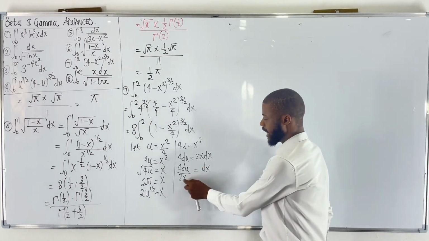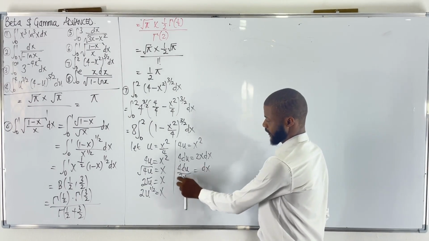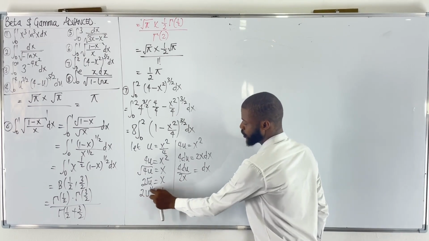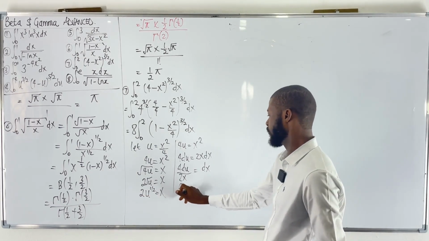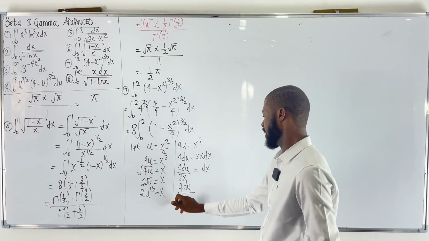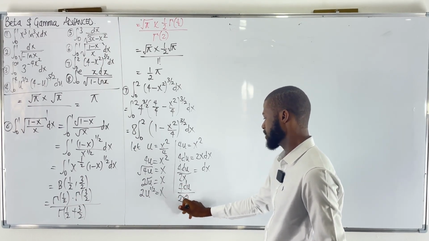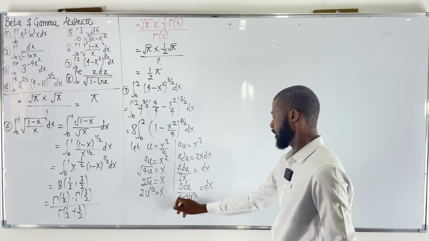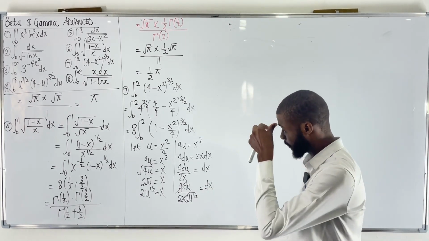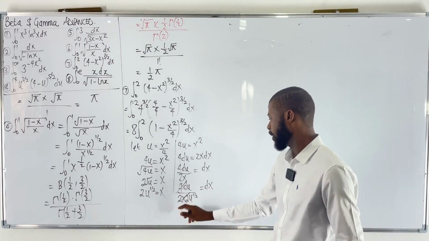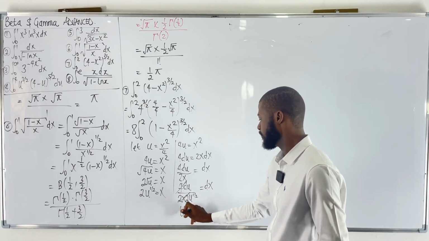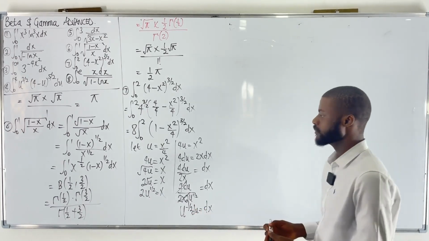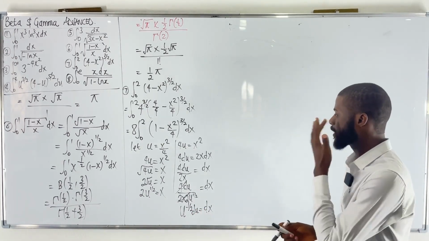But remember that x is actually 2u to the power of half. So this is 4 du divided by 2 times 2u to the power of half, equal to dx. Now 2 times 2 is the same thing as 4, so that's gone. Then if this u comes to the top, this will become u to the power of minus half du equal to dx. And the next one we're going to check is our limits.